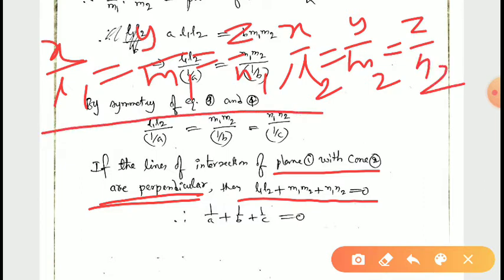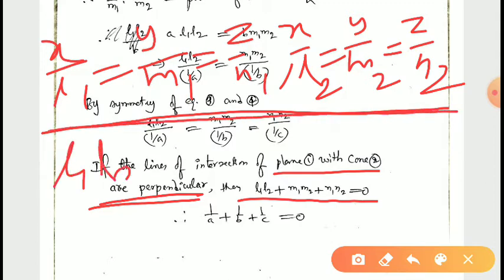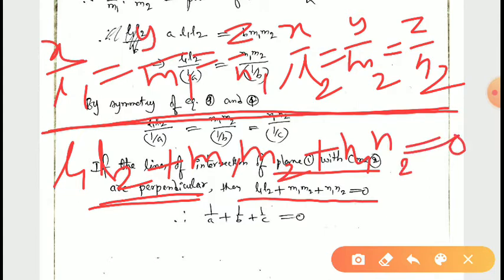If these two lines are perpendicular, then we must have L1 L2 plus M1 M2 plus N1 N2 is equal to 0.